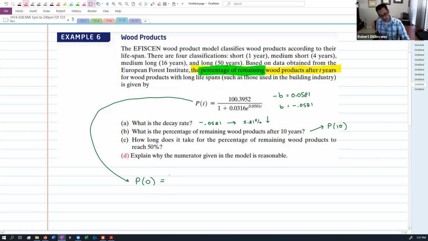So if we plug in 0, we get 100.3952 over 1 plus, okay, when you plug in 0 for the exponent, all you're going to get is a 1 there. So you get this 0.0316. Add those together. Divide that.